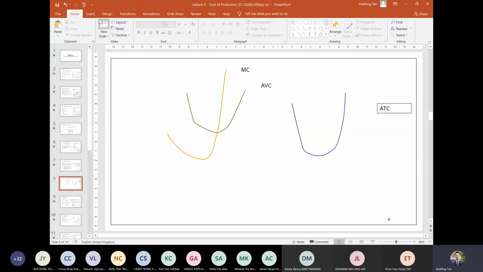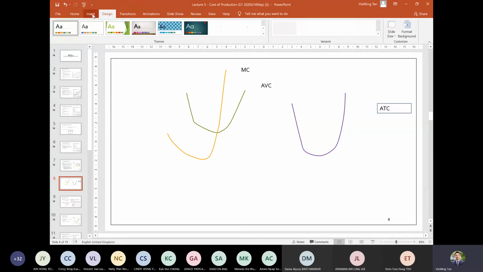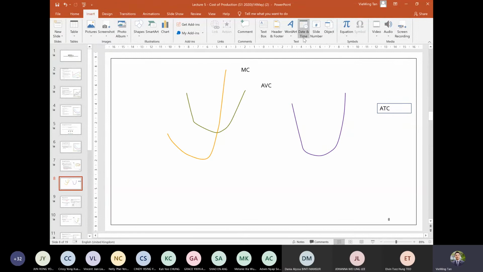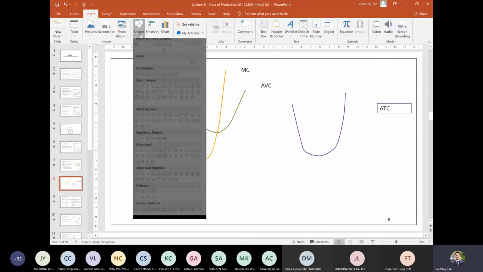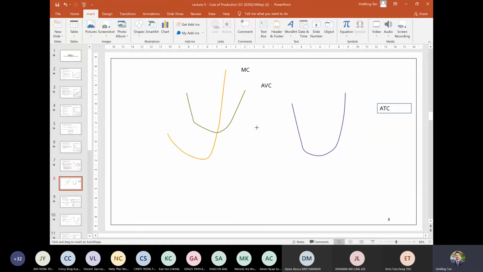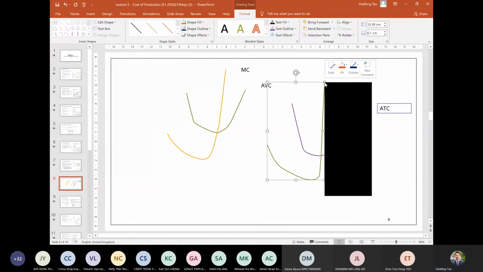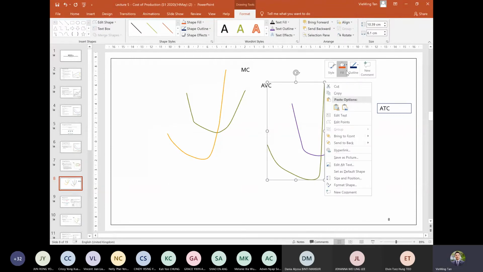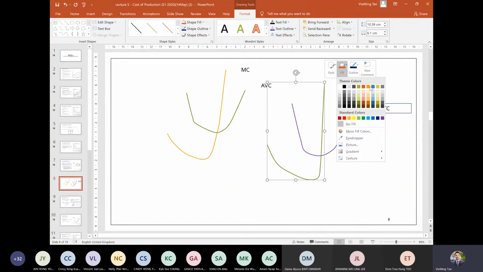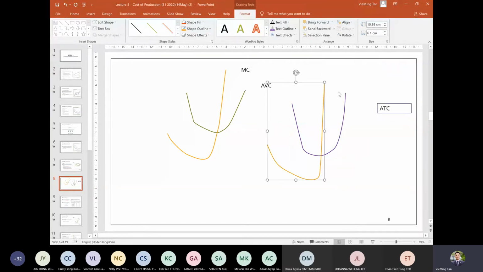I choose orange. Okay, so this is the marginal cost, orange color.